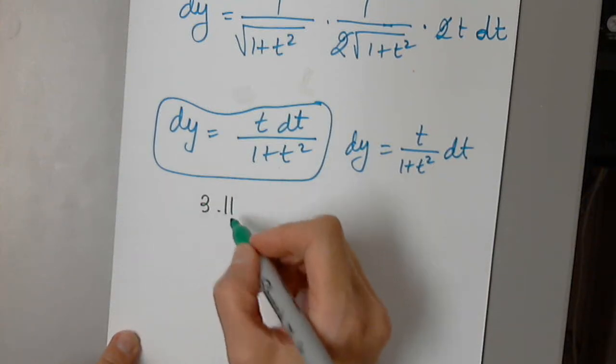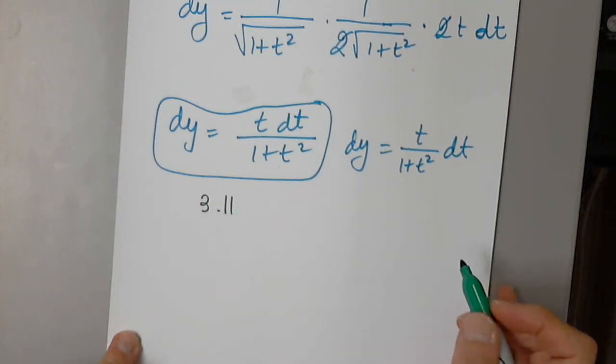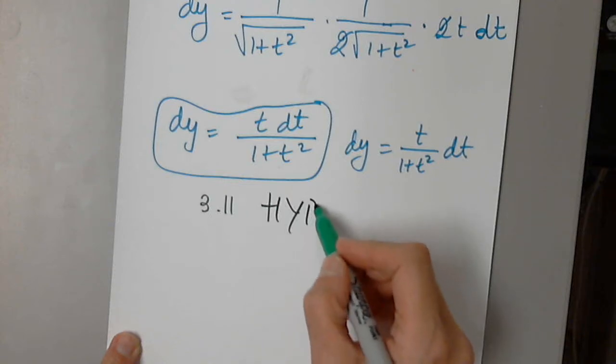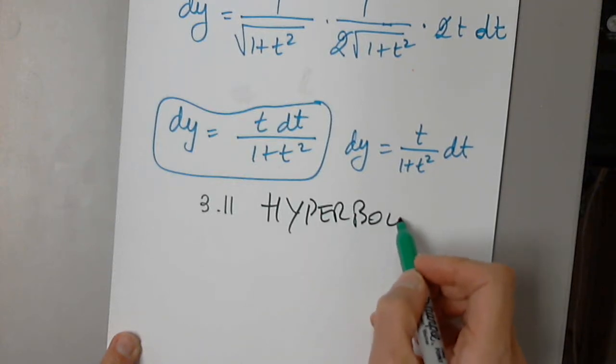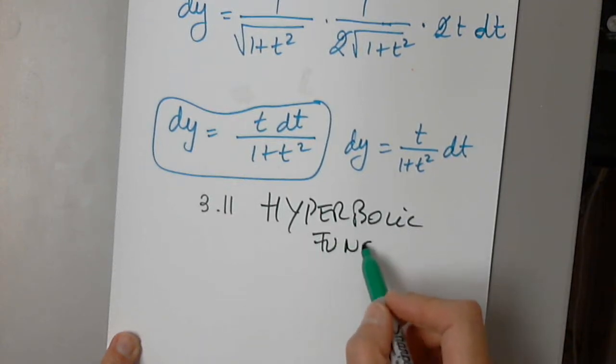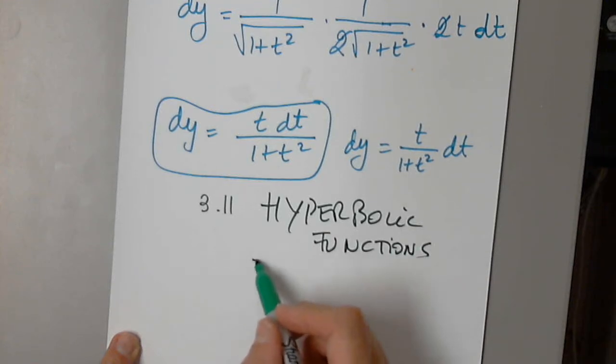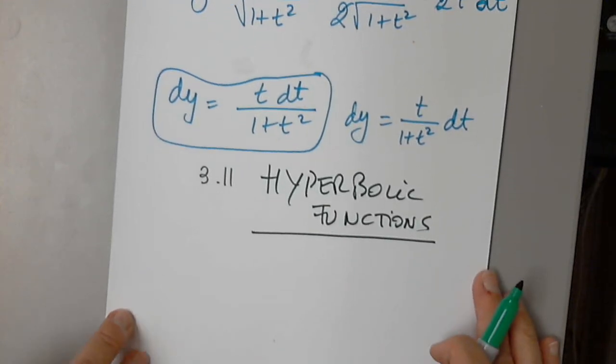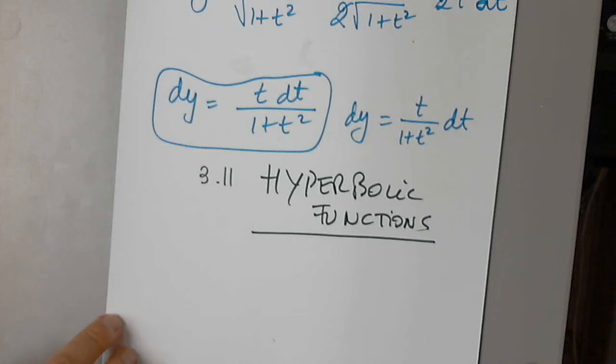So 3.11, the last section of chapter 3, hyperbolic functions. There are 6, and they have inverses, and they have derivatives. So 6 functions with their derivatives and 6 inverse functions with their derivatives.